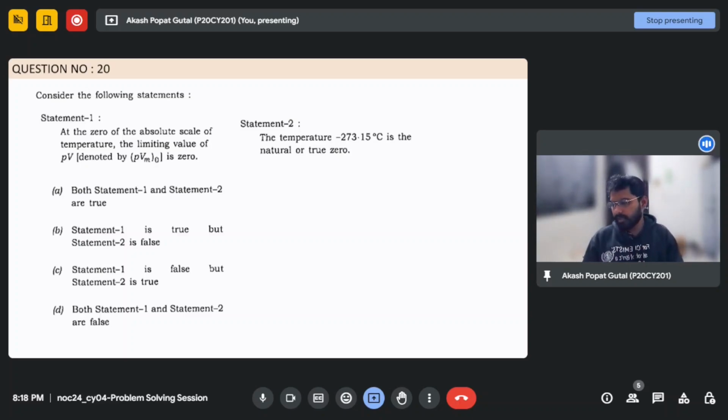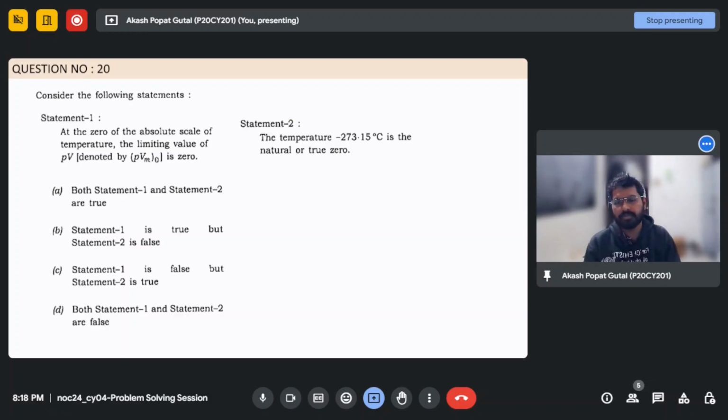So the answer is actually A. Both statement 1 and statement 2 are true. Because the temperature minus 273.15 degrees Celsius is just a different unit, but the value is correct. We can say it's a true zero, or absolute zero. So the 0 Kelvin that we have is just a shifting of one number or unit.